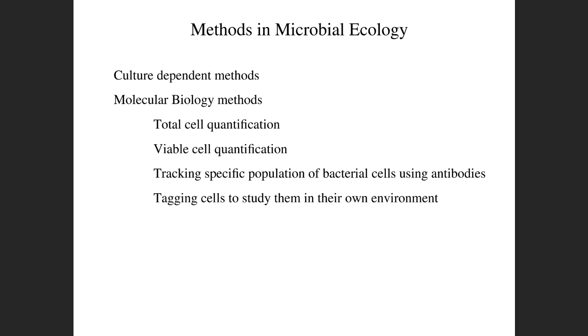Because antibody can bind surface molecules, if you have antibody against a particular protein, then you can count how many bacteria have that protein. Now, if that protein is unique to E. coli, then you can use this method to count the E. coli. And then you can also tag living cells to study bacteria in their own environment. So let me give you an example for each.